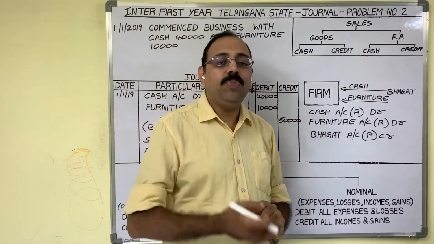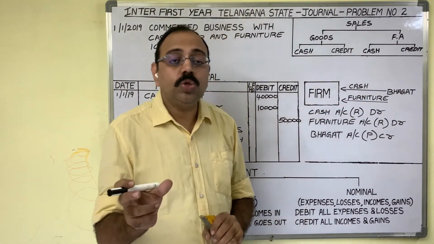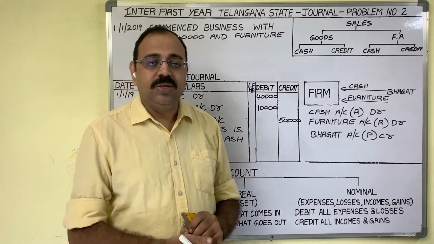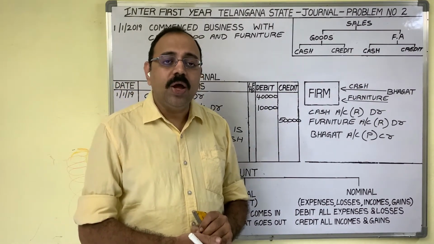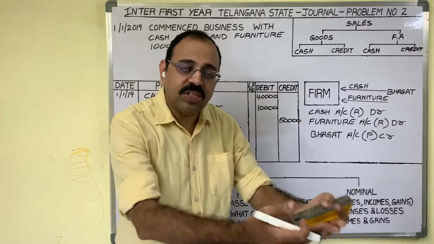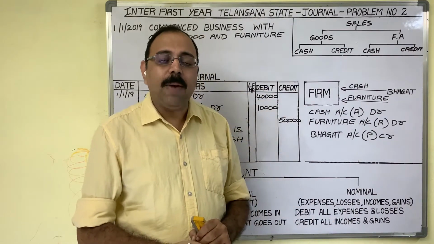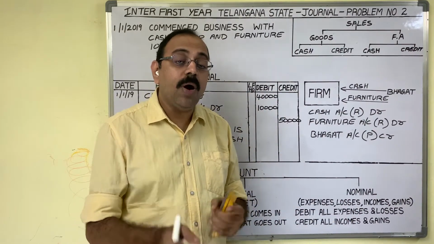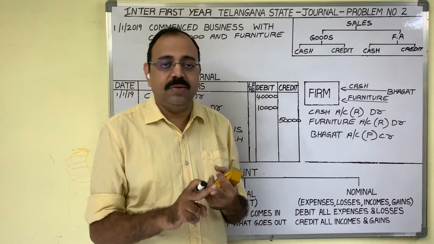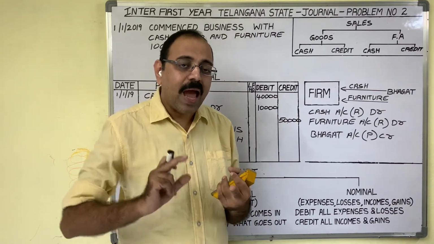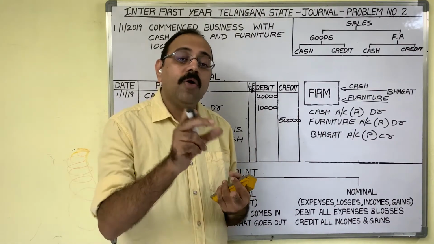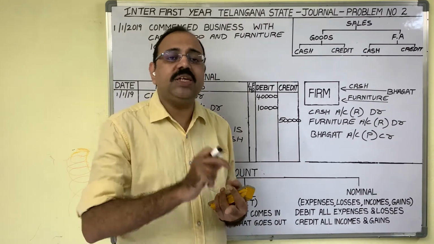In the first 3 problems, the owner used to bring only cash. But there is no rule that only cash should be invested in the business. Capital may be in the form of cash or kind. Kind means what? Capital may be in the form of goods or fixed assets.